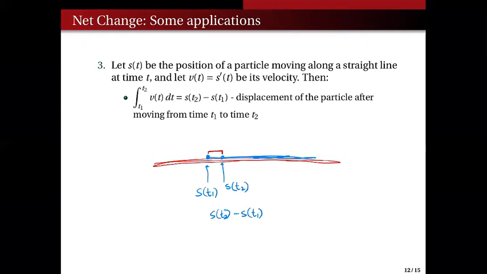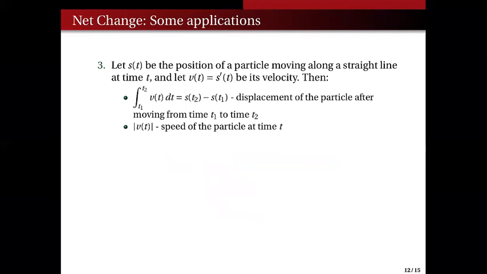Now, what if we take the absolute value of your v of t? The absolute value of your velocity function is the speed of the particle at time t.